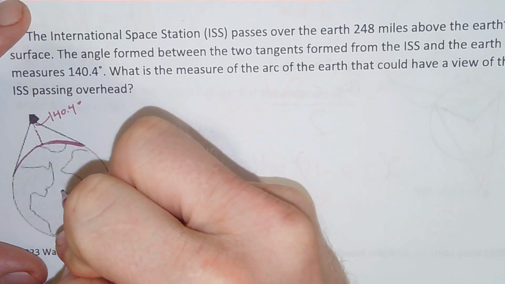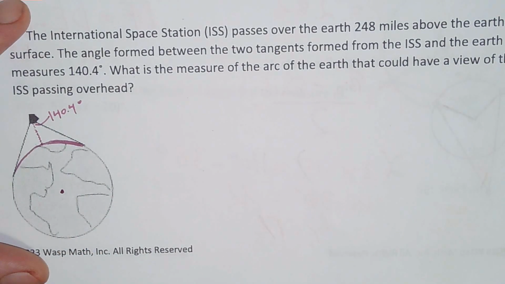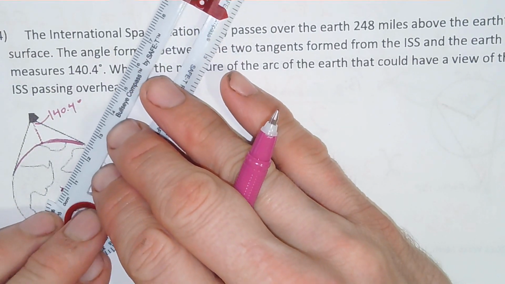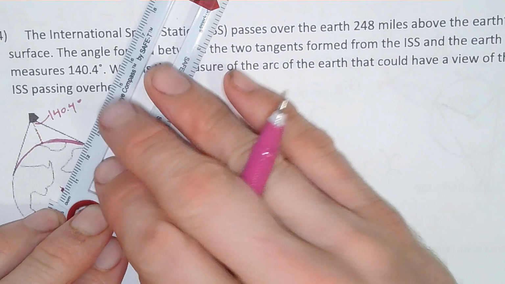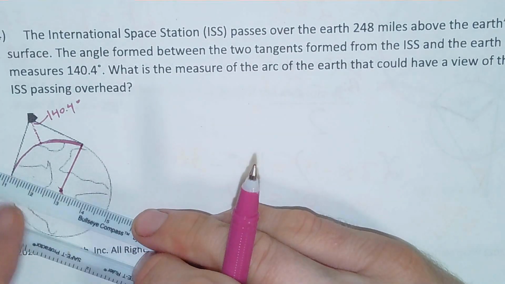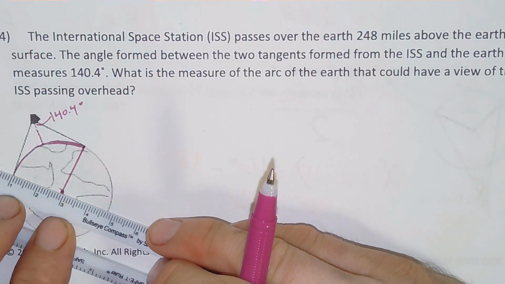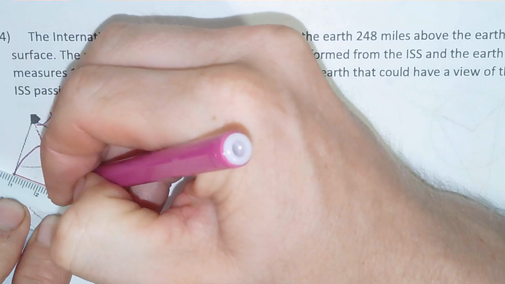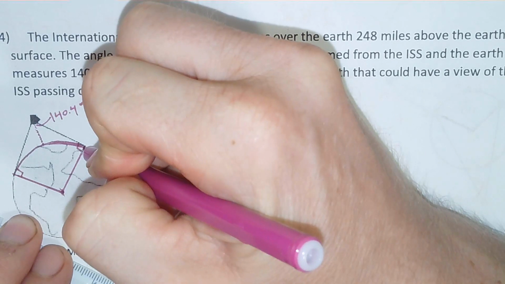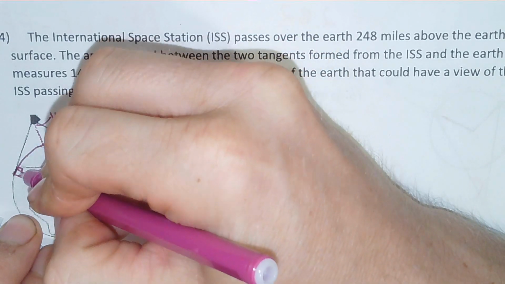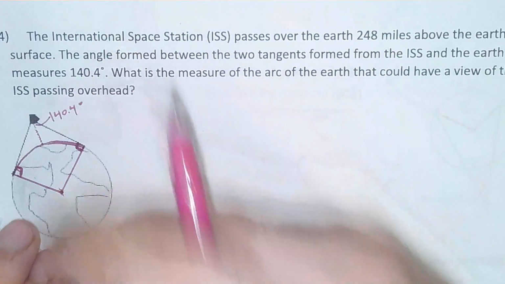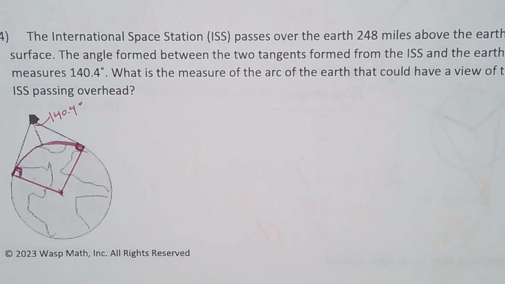If I take the center point of the Earth and draw a radius to each of these tangent points, I know that this would be a 90-degree angle at each of these points. So the sum of those two angles equals 180 degrees.